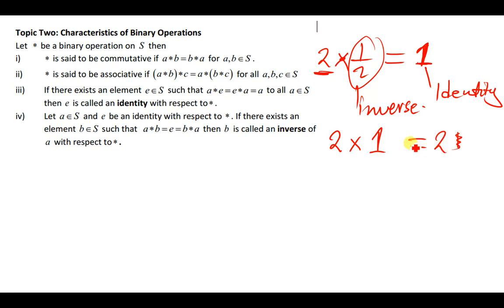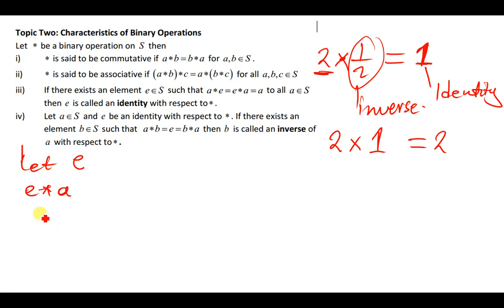So if we put this now in symbolic form, we say let the identity element of any given element be E. So E star A, when we operate E and A, we don't know the operation, it can be addition, division, multiplication, whatever it is.